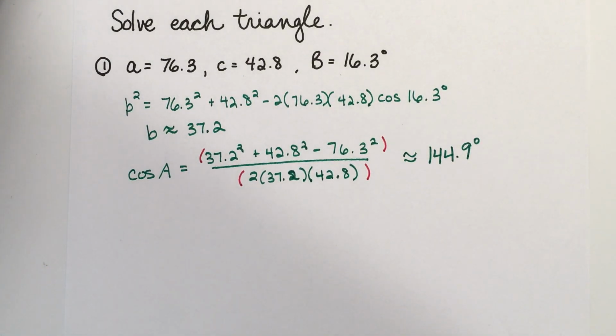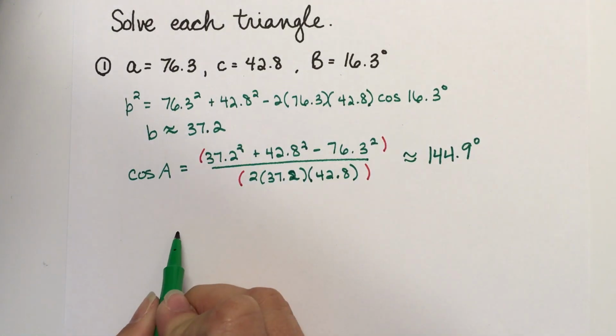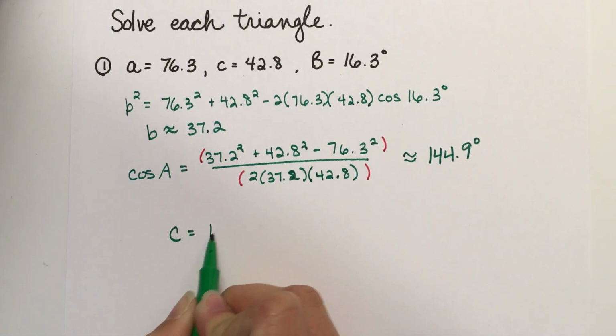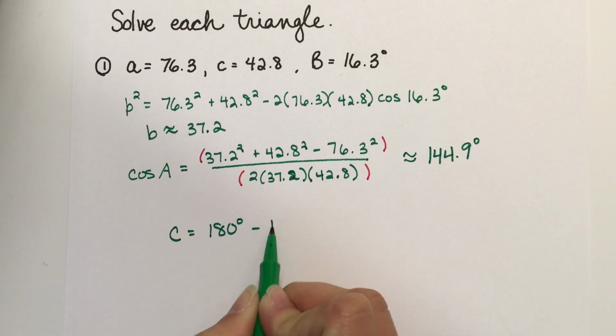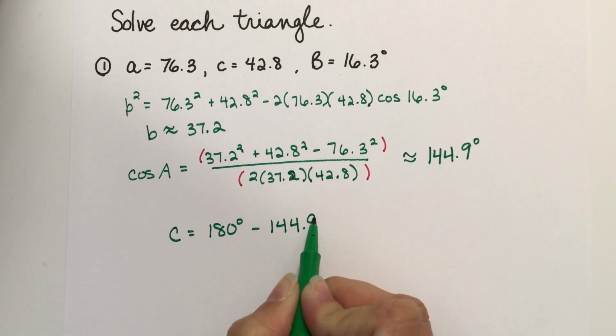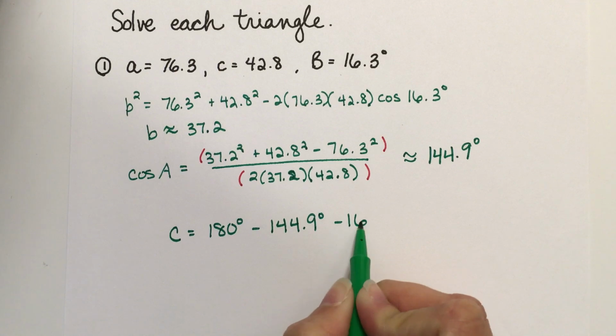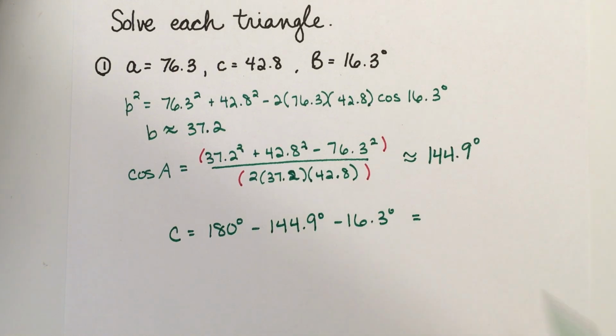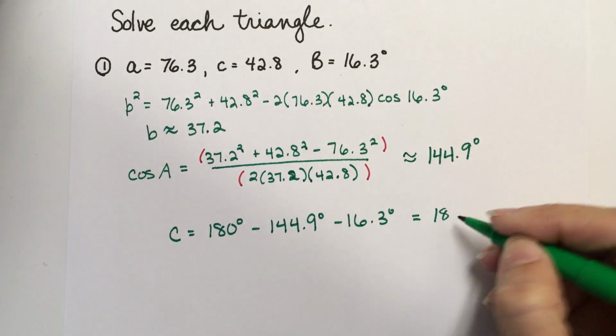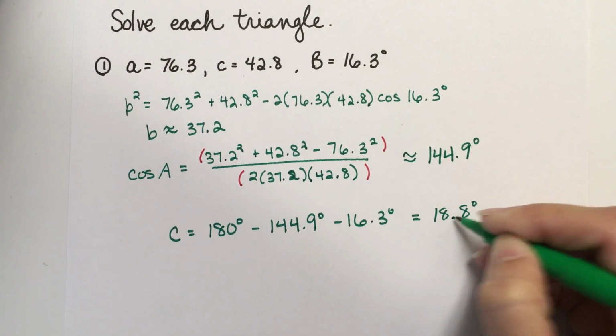Okay, so now that you know two angles, to get your third angle, all you have to do is just use subtraction. Now you can use the formula, but let's just find it the easiest way we can and subtract from 180. So here you're going to get 18.8, and that would be degrees.